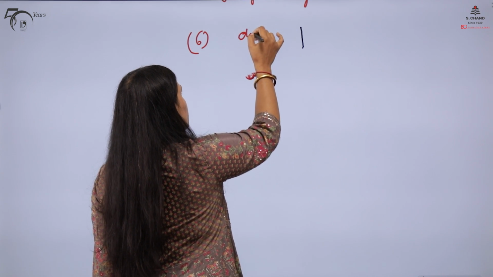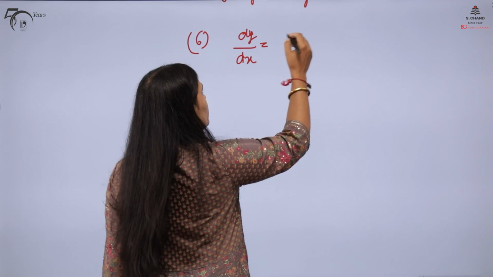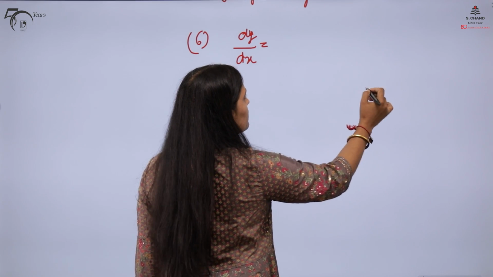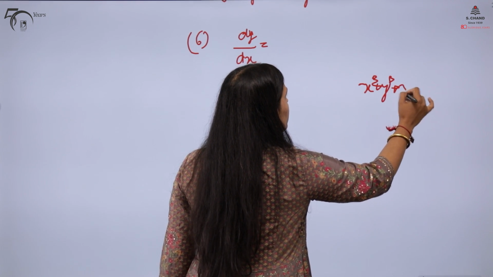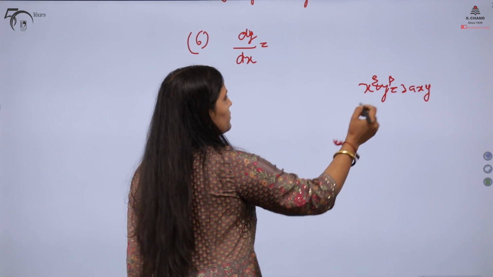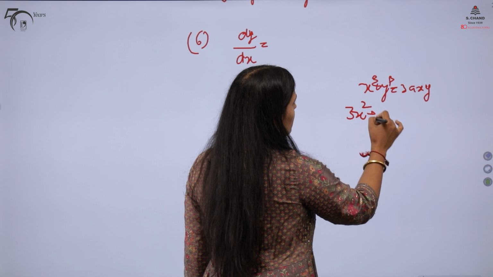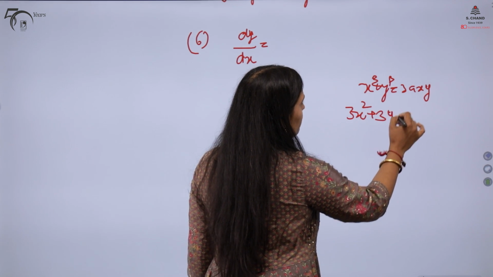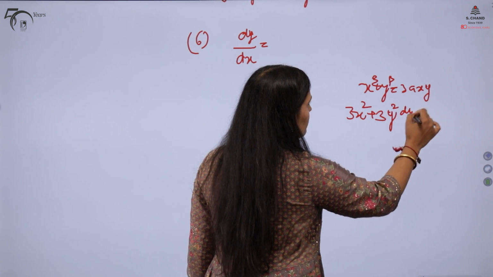What you should be doing, always take the derivative also. So for derivatives, your equation was x cube plus y cube equal to 3axy. Take the derivative: 3x square, then 3y square, y is a function of x, so 3y square, and you will not forget the derivative of y.